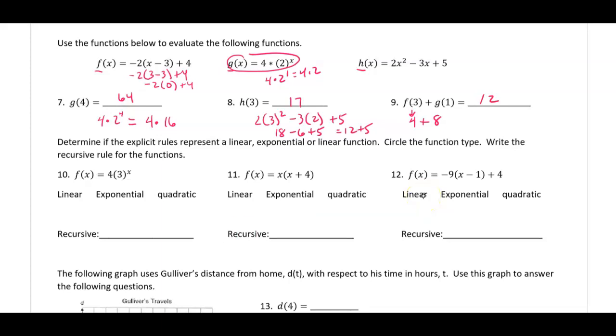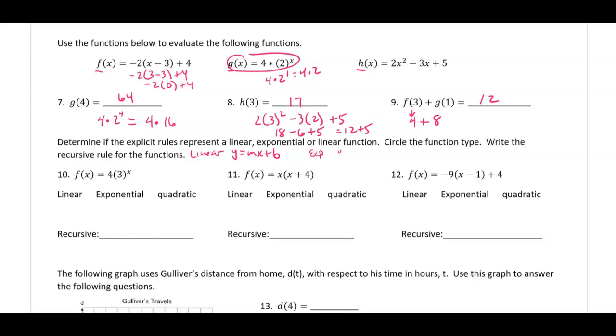Now to the important things. Remember, we have three functions we know now. The first function that we've talked about is linear. Linear functions are in the form y equals mx plus b, where x is to the first power.